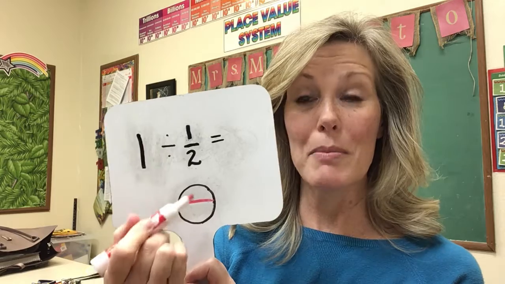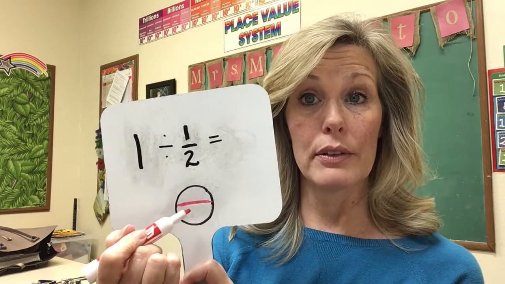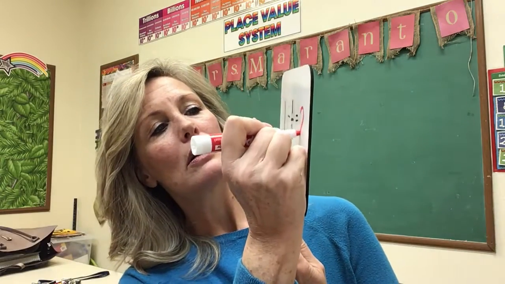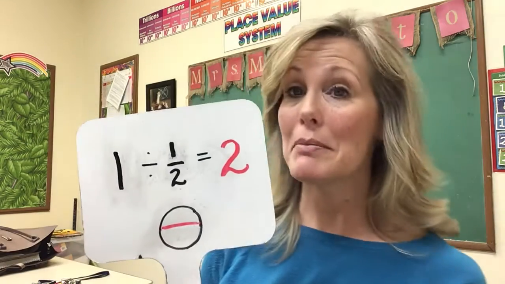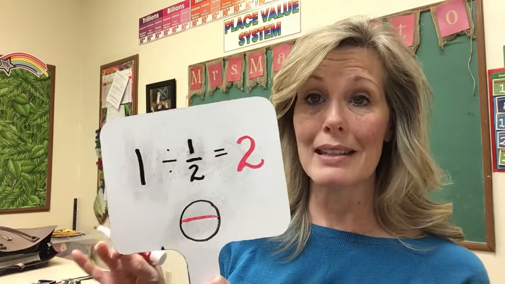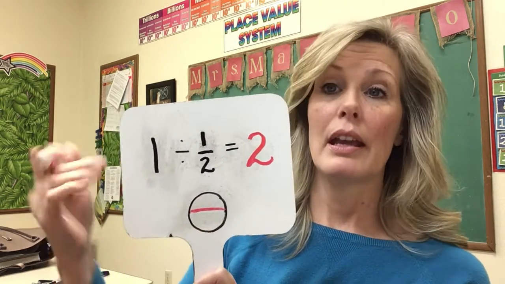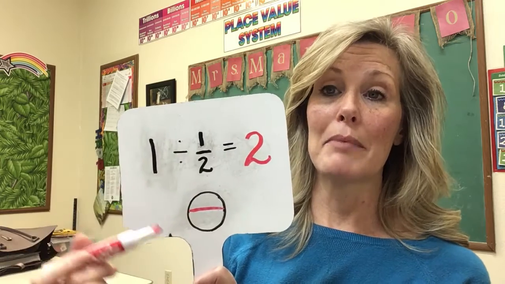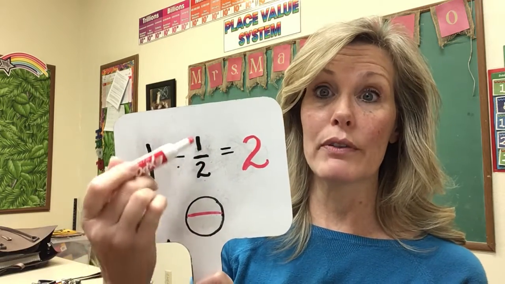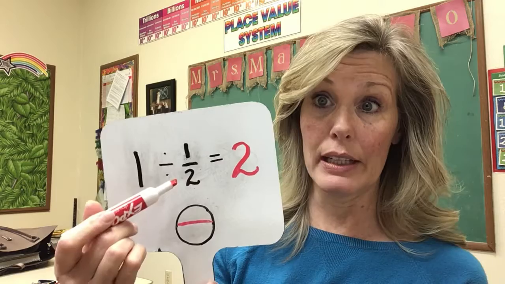How many parts did I end up with? 2. So there's my answer. Keep in mind, division means that I've got equal size parts, and I'm dividing it into however it tells me to divide it.